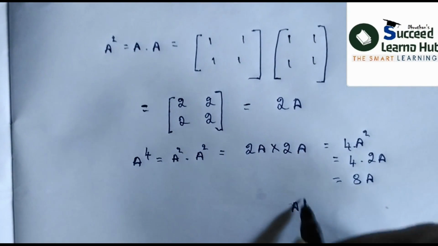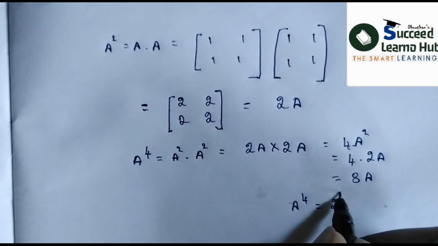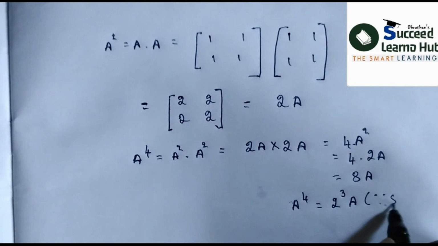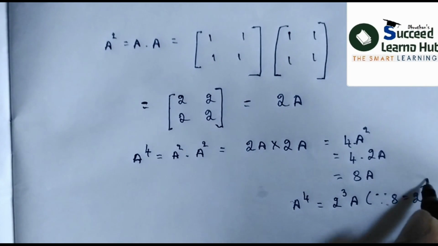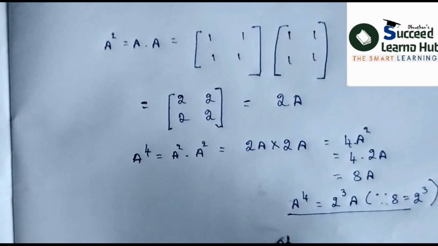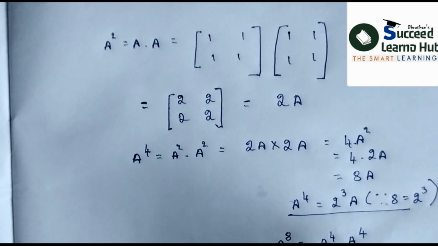Now, we have proved that A to the power of 4 is equal to 2 to the power of 3 into A. This is because 8 is equal to 2 to the power of 3. Again, by taking this result, we can find A to the power of 8, which is A to the power of 4 into A to the power of 4, which is equal to (2 cube A) whole square.